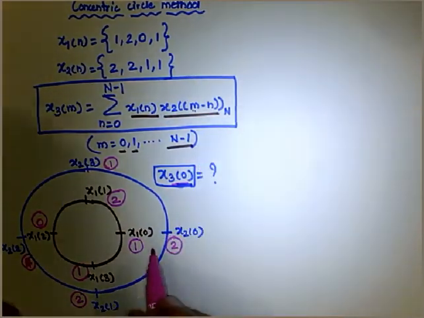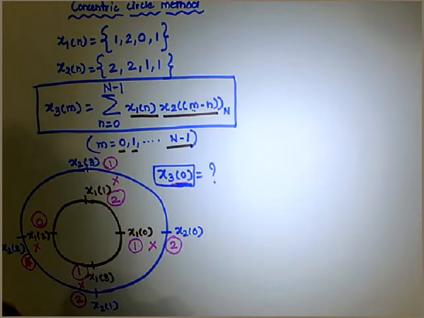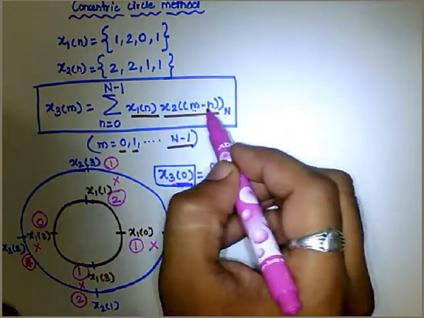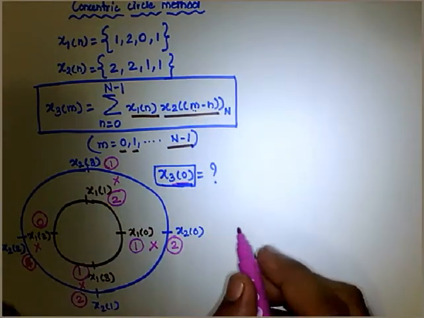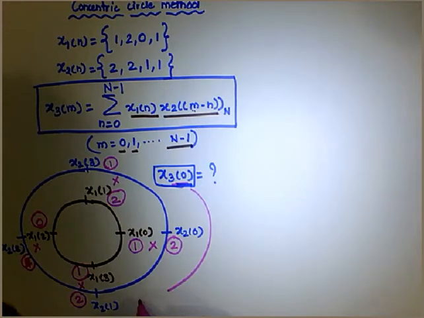Now let's multiply these sequences. This will be multiplied, this will be multiplied, this will be multiplied, and this one. Later on, since the summation is provided, we need to add these multiplications. So x3 of 0, let me write it here.